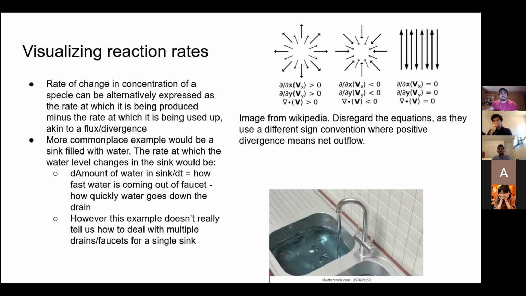One example that you may have seen in lecture is a sink filled with water. The water level will change if there's a difference in the in versus the out. If the water being drained from the drain is greater than the amount going into the sink via the faucet in the same period of time, the water level will go down.